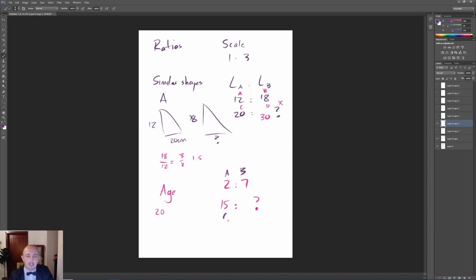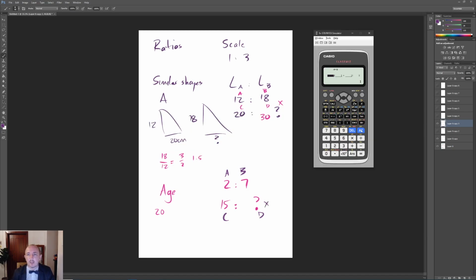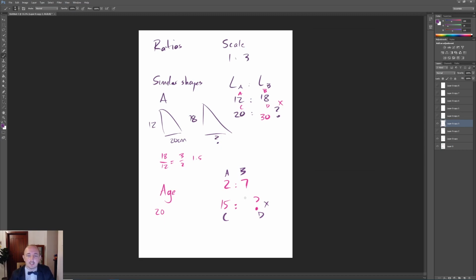A, B, C, and D. So this is X, it's the missing one. So this time we're going to do 2 to 7, and then they're 15. This wasn't the exact numbers, but it's 52.5. So they're 52.5, and then you add the 5 on because they were saying, oh, 5 years ago or 3 years ago or something like that. I think it was 3 years ago. But yes, you would use ratios to help you with that.